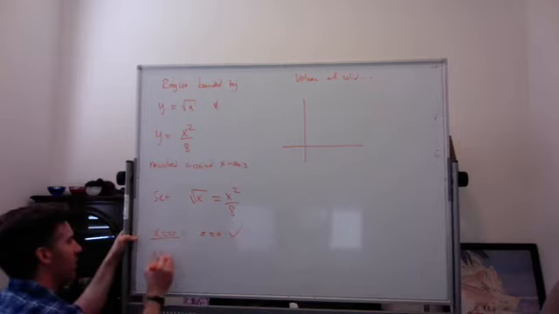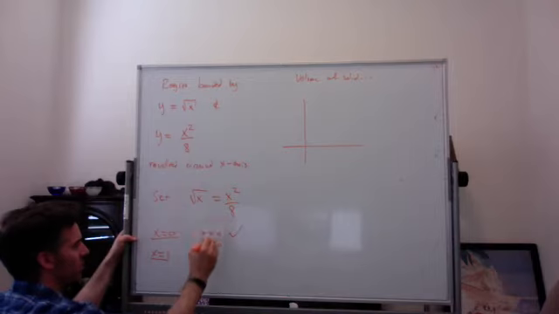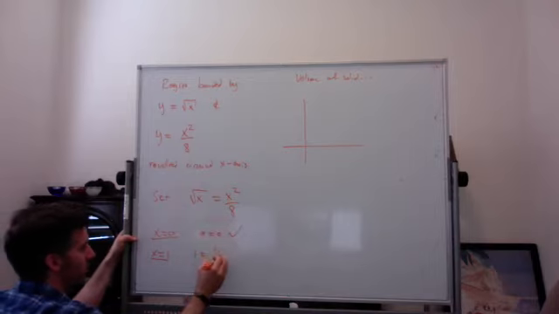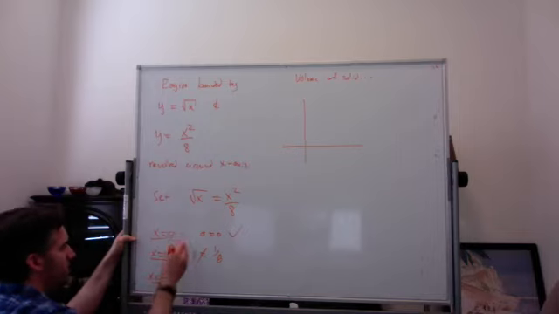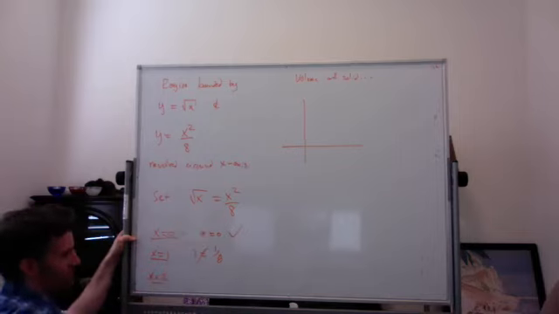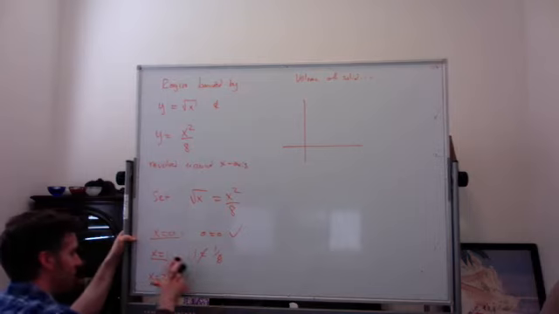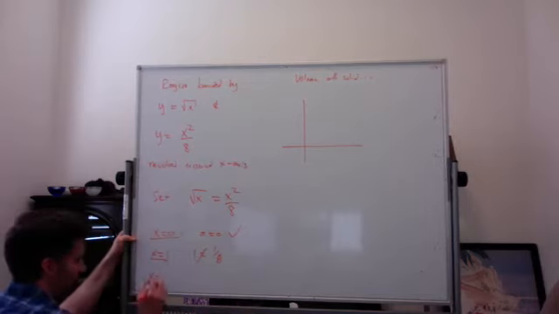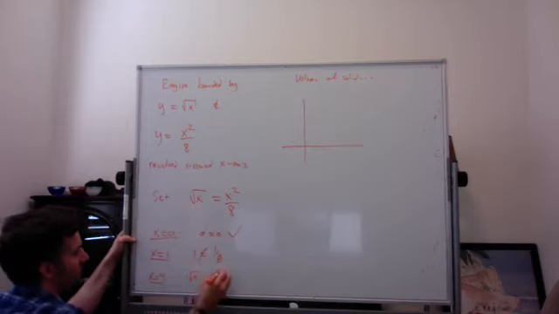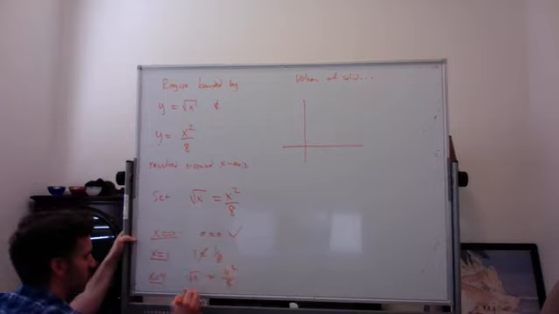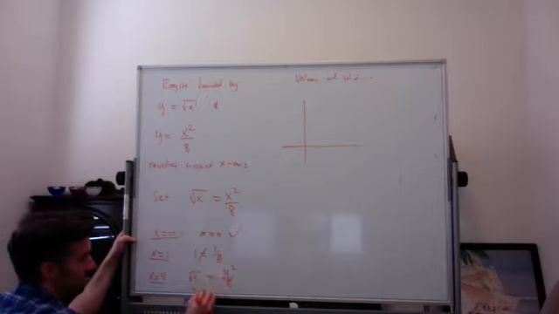If I plug in 1, I get 1 equals 1/8. No, that's wrong, right? Doesn't work out. Plug in 2, why am I plugging in 2? Because I'm not taking my own advice. I shouldn't be plugging in 2, I should be plugging in 4. Plugging in 4, I get the square root of 4 equals 4 squared over 8, which is 2 equal to 16 over 8 is 2.